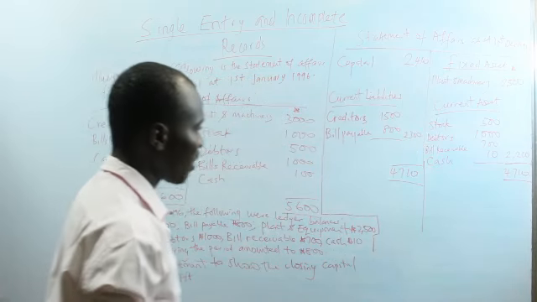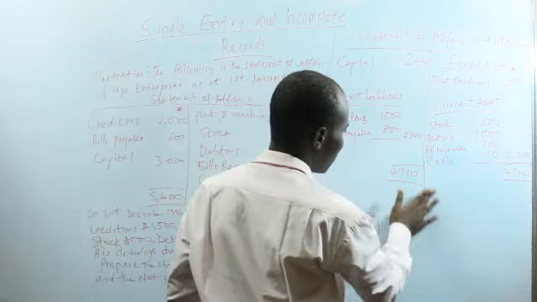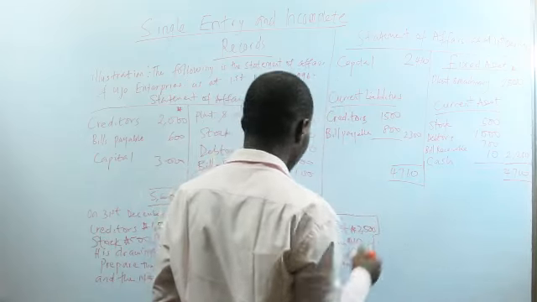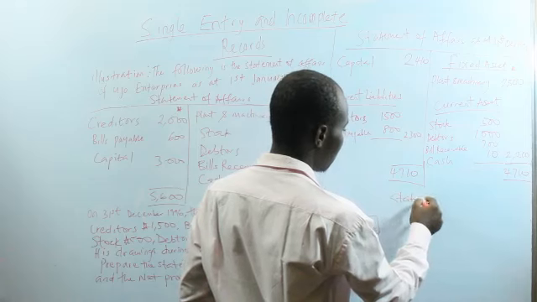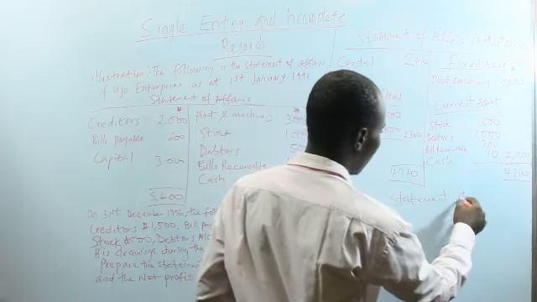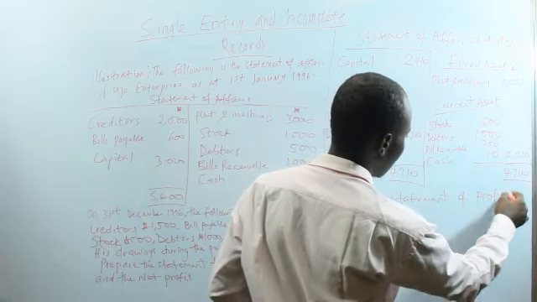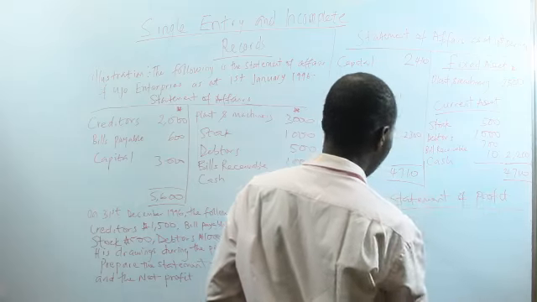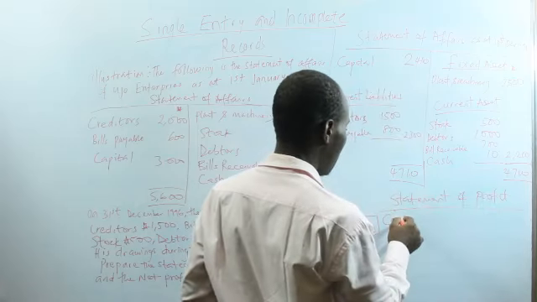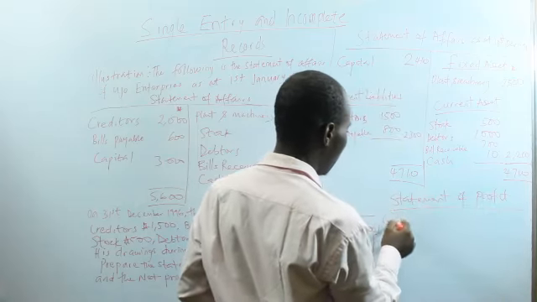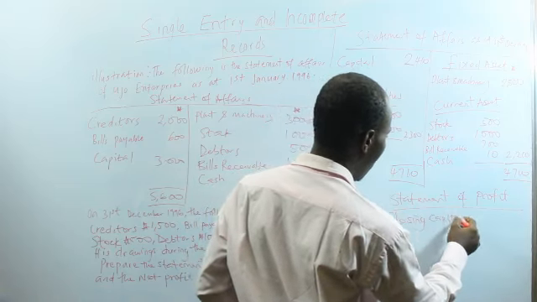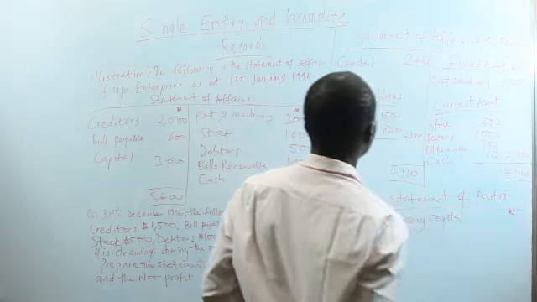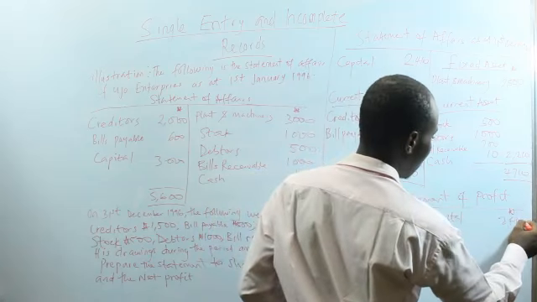So after arriving at our capital, we can then prepare the statement of profit to determine our net profit for the period. Statement of profits as at 31st December 1999. So we have our closing capital, which is 2,410.